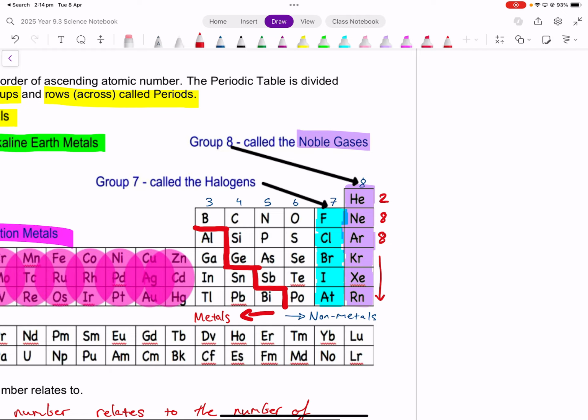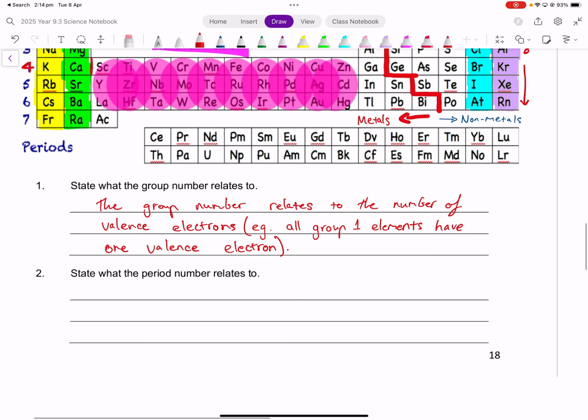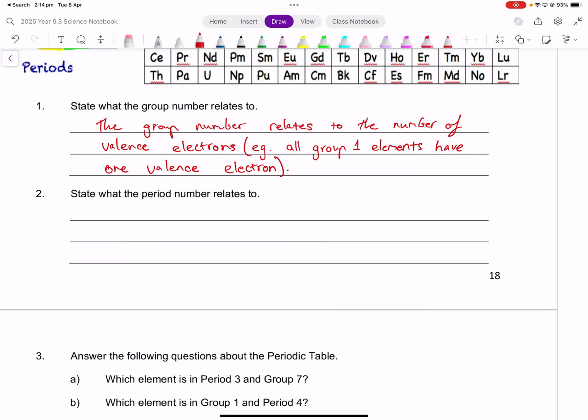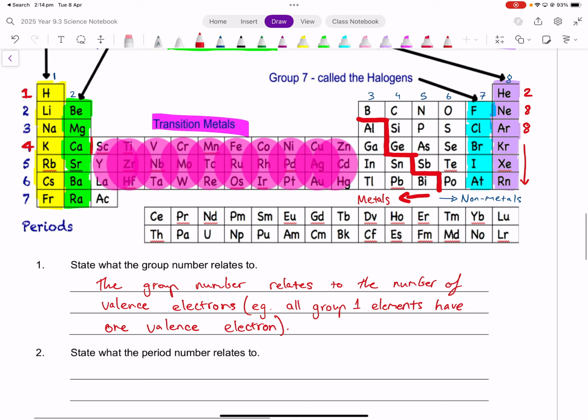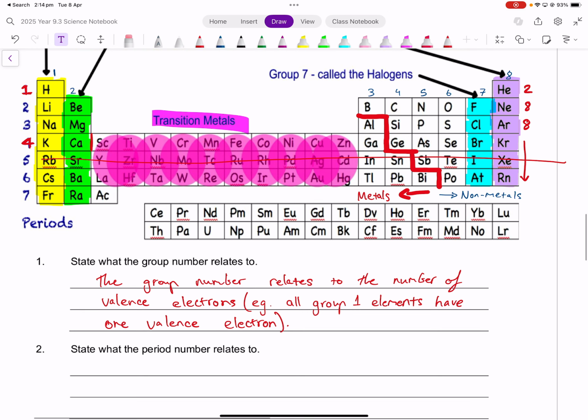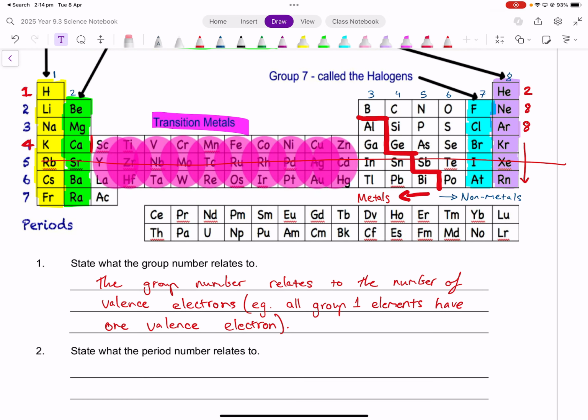Okay. Our next one is, what does the period number relate to? So if I very quickly draw a line, the period, as a reminder, is everything that moves horizontally across the periodic table. And if we have a look at this periodic table, how many periods do we have? We have 7. We have 7 periods, 7 rows going across the periodic table.